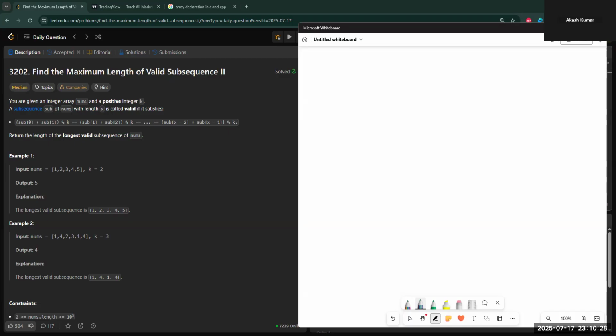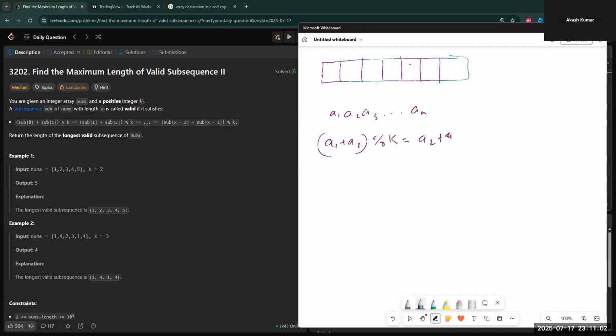If there is an array given, the task is to find the maximum length subsequence, say A1, A2, A3, up to AN, satisfying the condition that (A1 + A2) modulo K should be equal to (A2 + A3) modulo K, equal to (A3 + A4) modulo K, like this.